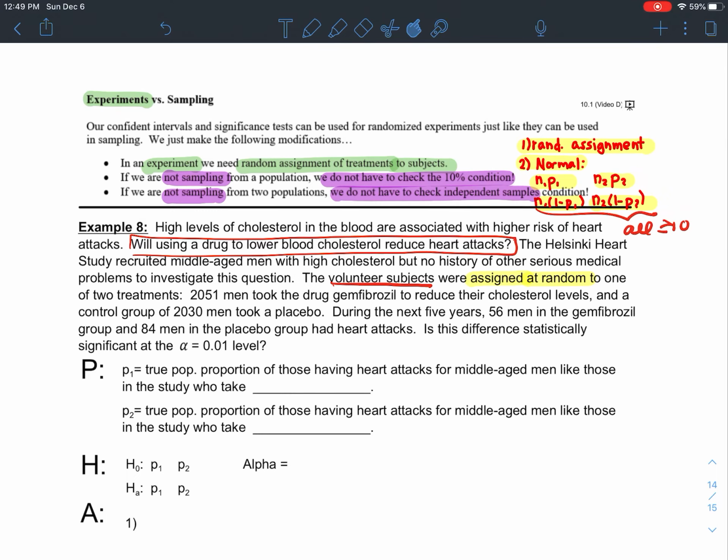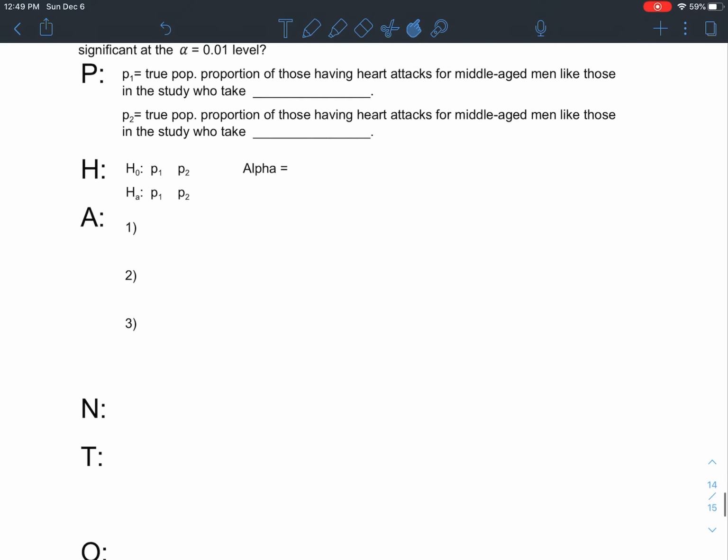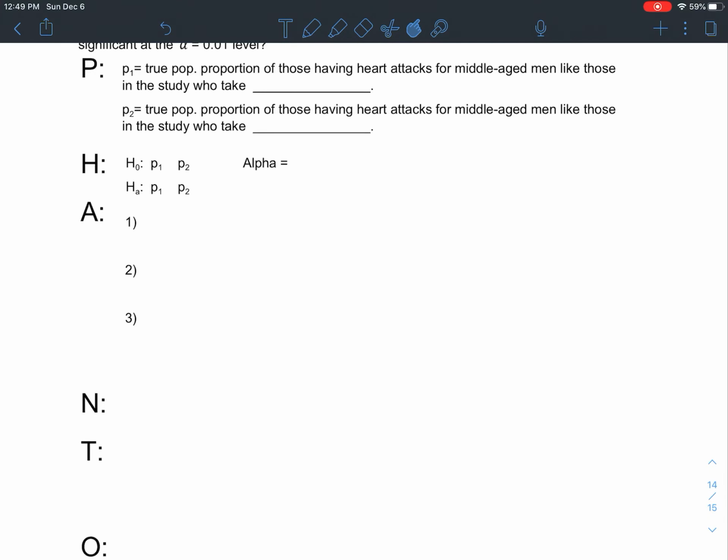I tried to fill in some of the pieces because these problems are generally very large, since we're doing two different treatment groups. So I went ahead and defined almost all of what p1 and p2 were. p1 will be the true population proportion of those having heart attacks for middle-aged men like those in the study who take gemfibrozil.